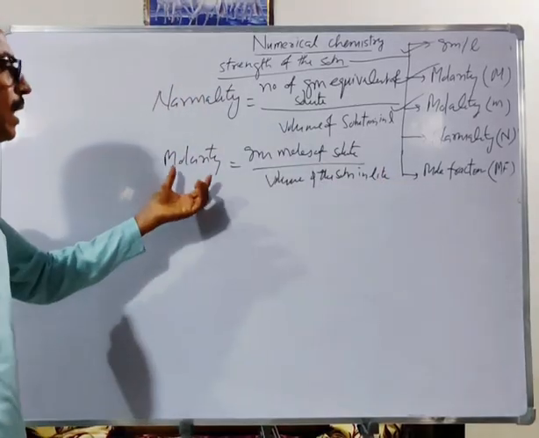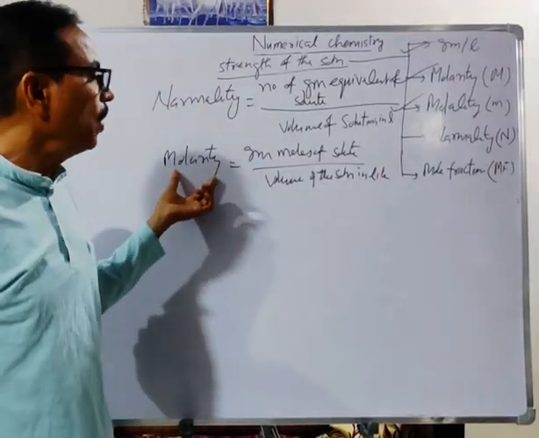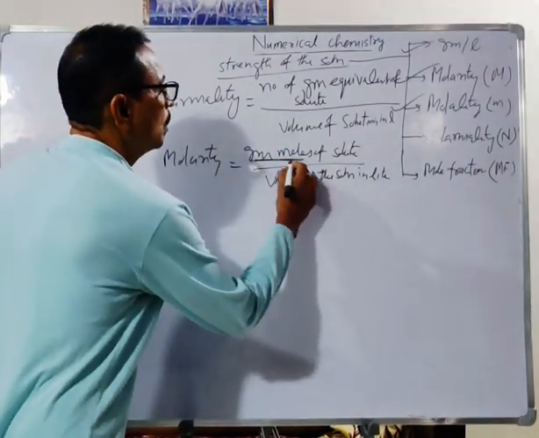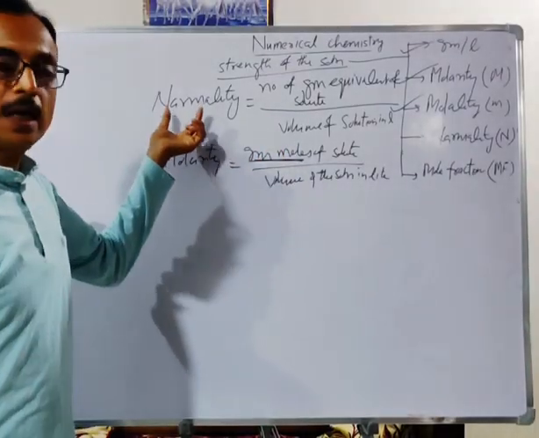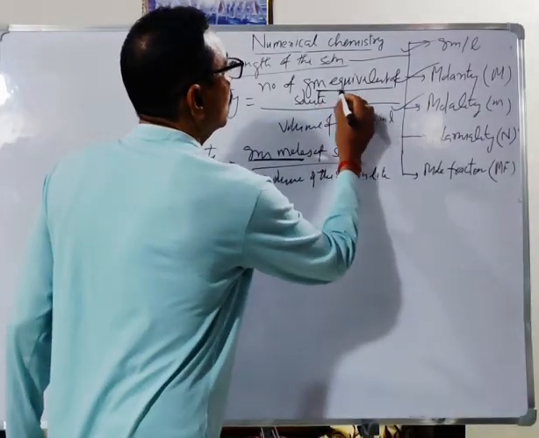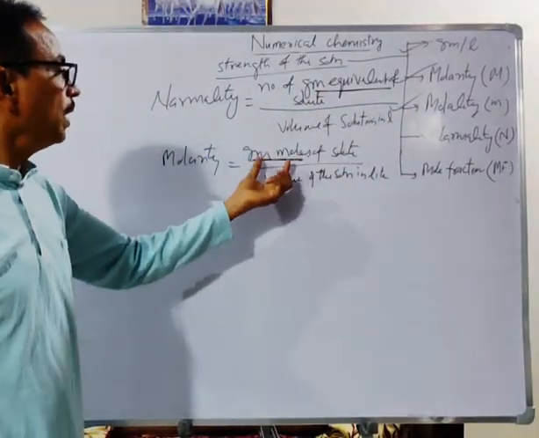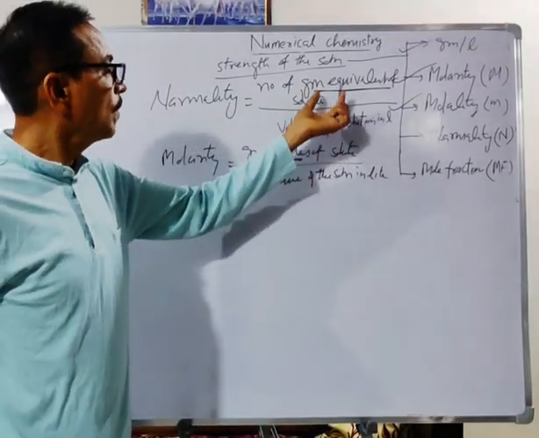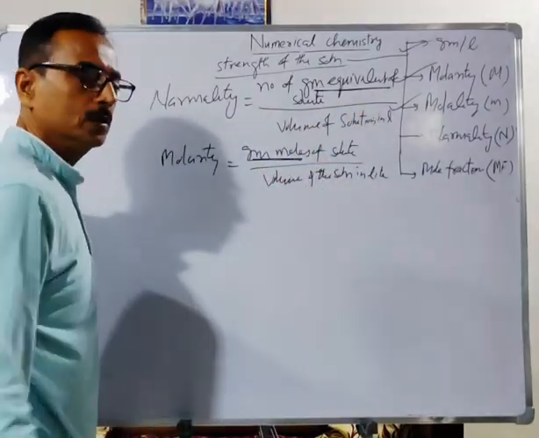So the major difference is that in case of molarity, we take the gram moles, but in the case of normality, we take gram equivalent. So you have to know the difference between gram equivalent and gram moles.